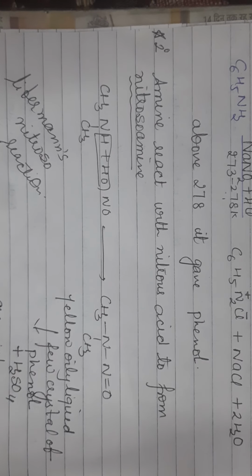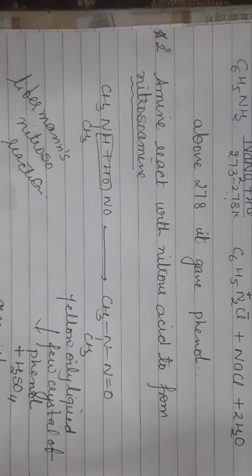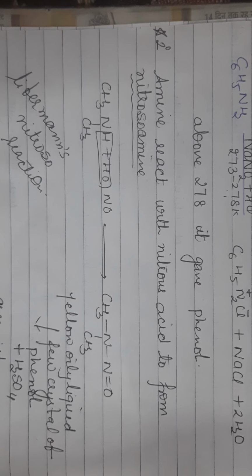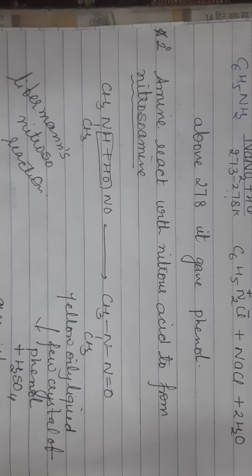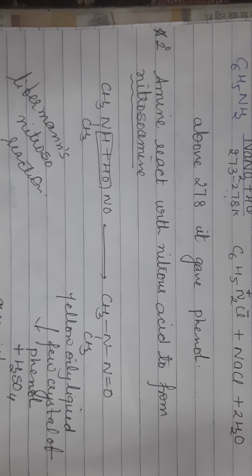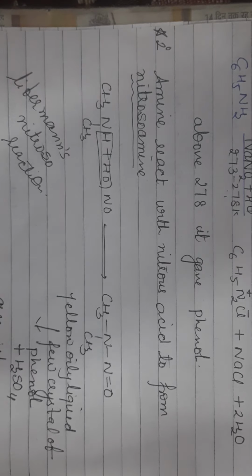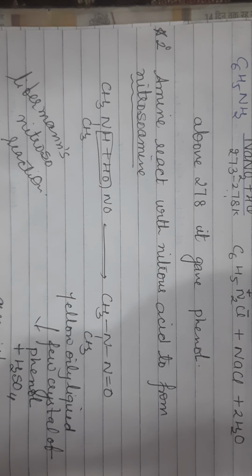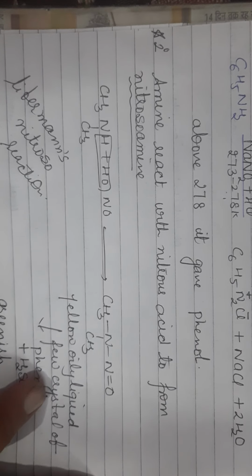Now secondary amines on reaction with nitrous acid give a yellow oily liquid that is called nitroso compound. Then in this yellow oily liquid, when we add phenol crystals and sulfuric acid in small amount, then we get the green color.